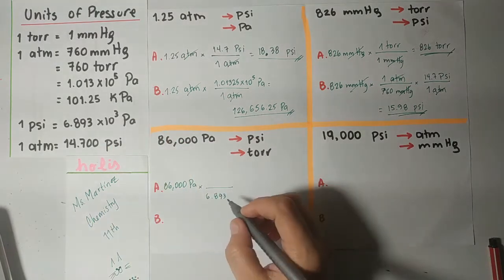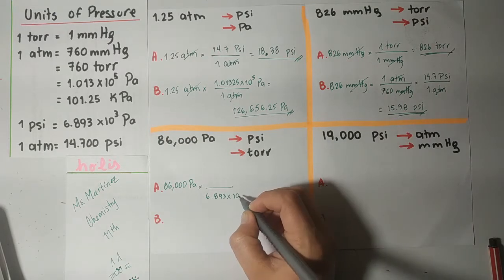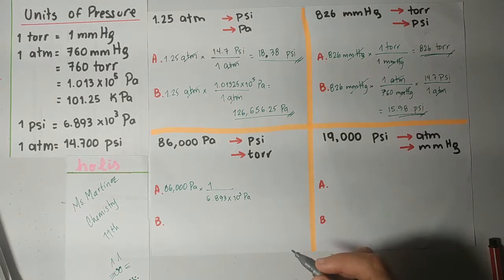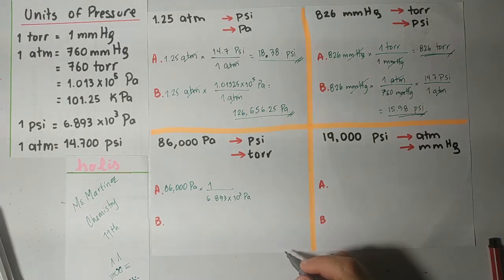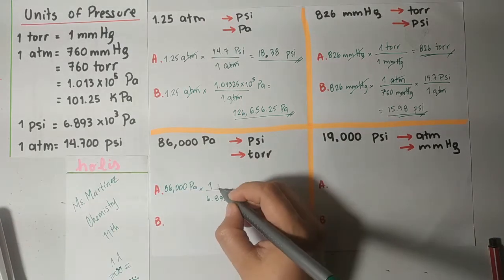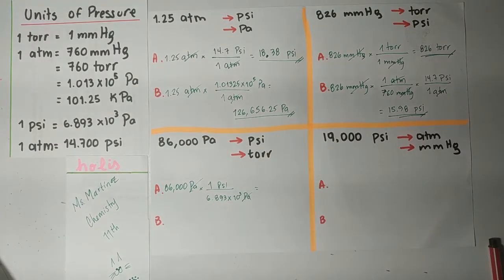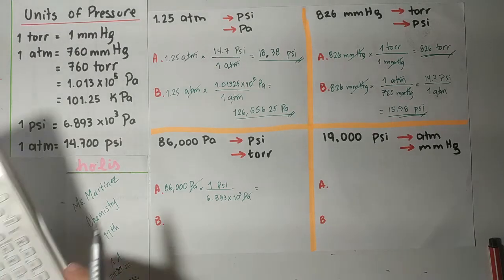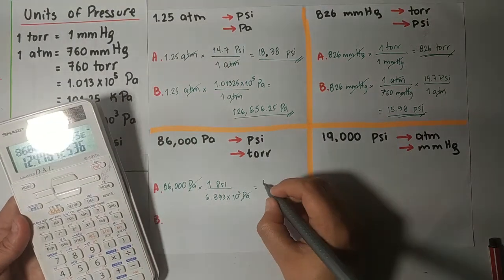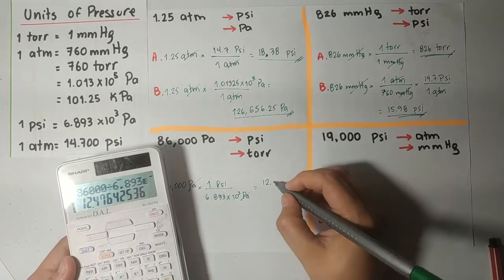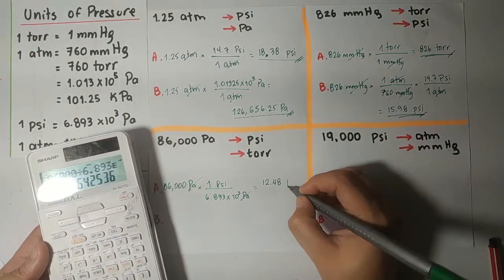This conversion factor, I rounded it. Let's do it in the calculator. 12.48 rounded PSI.